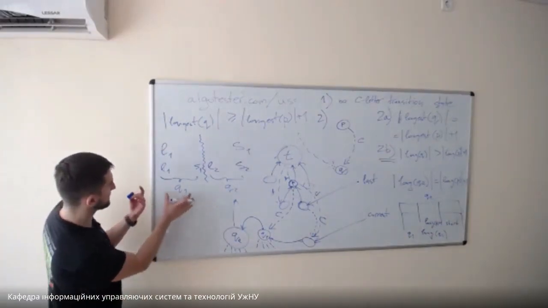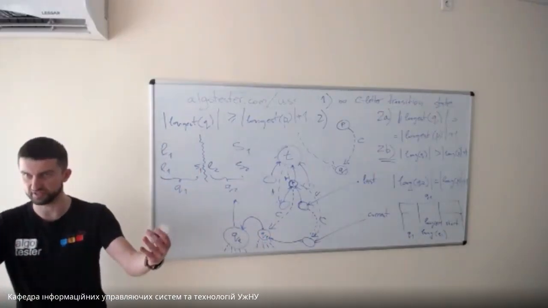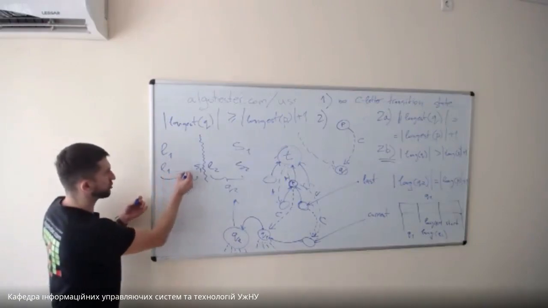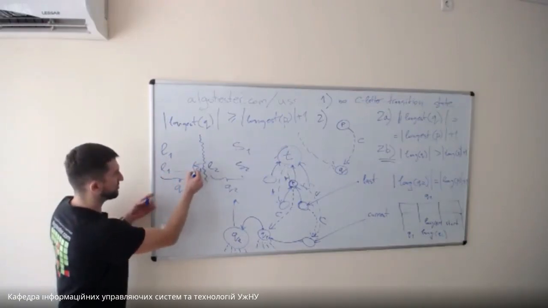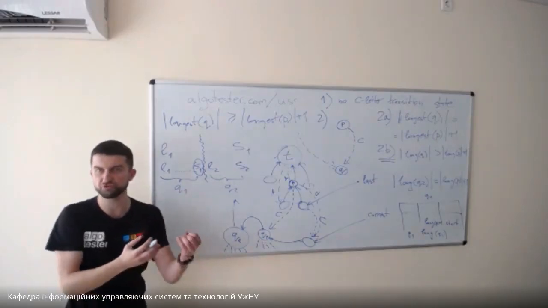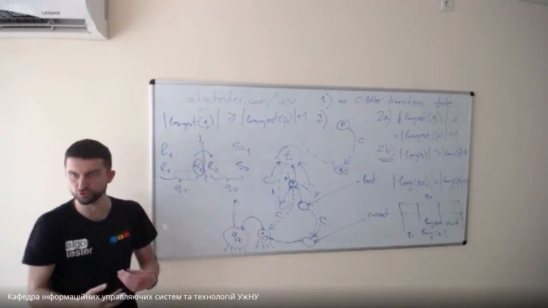Okay, and since Q1 has longer substrings, every time when we make it shorter, we'll reach its shortest representative, and then when we drop another letter, we'll fall into Q2.